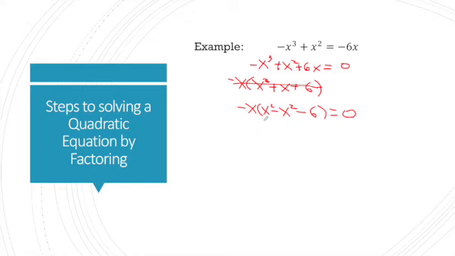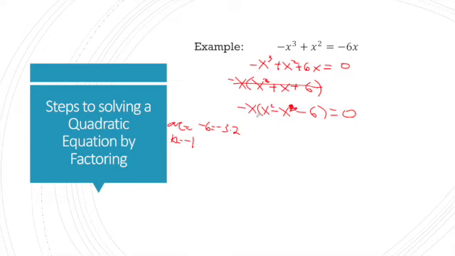Now I can go ahead and factor this trinomial by finding the factors of AC that add up to B. AC in this case is going to be 1 times negative 6, so negative 6. And I need to think of some factors of negative 6 that add up to negative 1. Well, negative 6 could be negative 3 times 2.